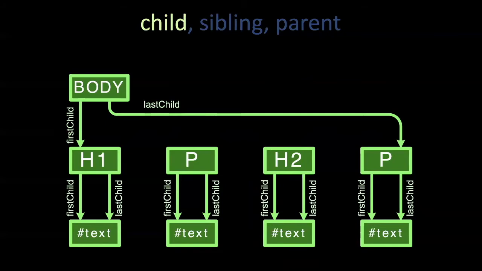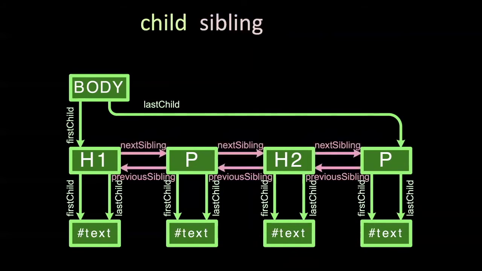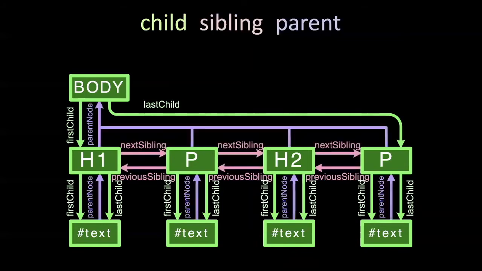So that's what I'm showing here. For each node, it includes a pointer to its first child and its last child. It also builds in references between nodes that are siblings, and it builds in pointers from child to parent.